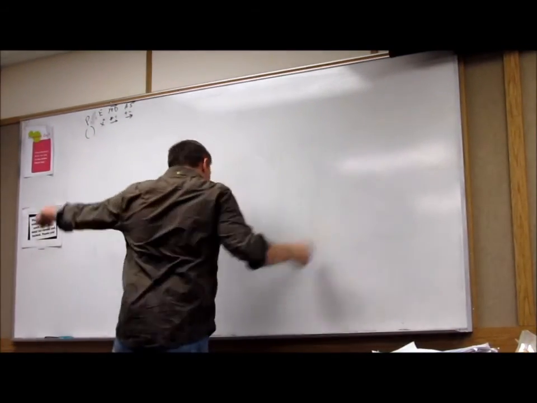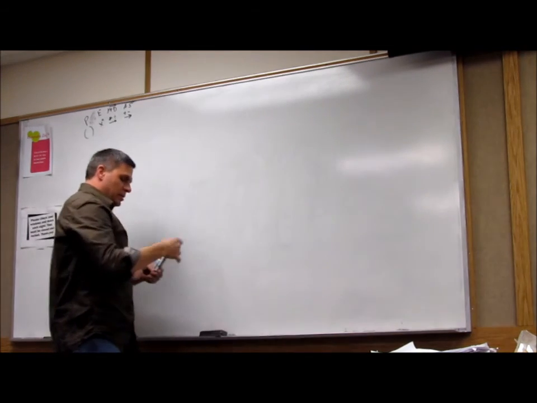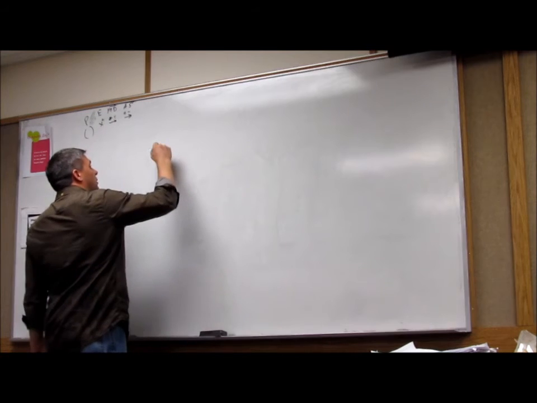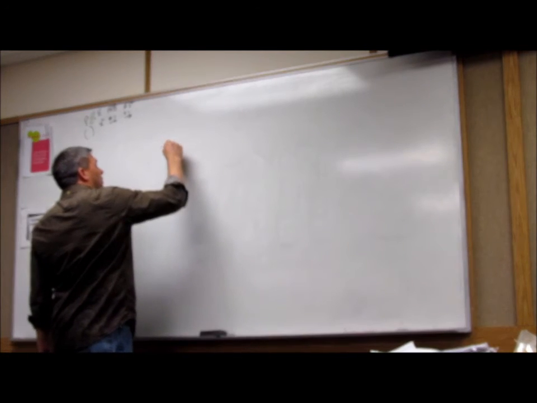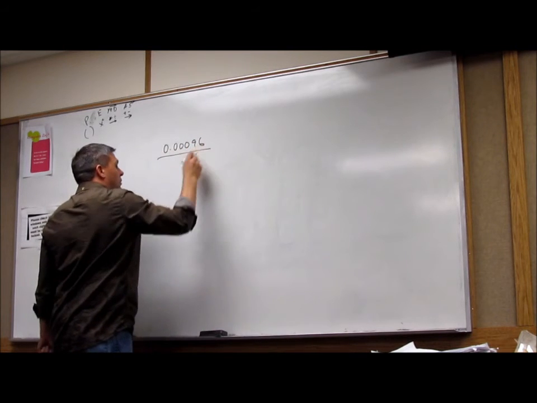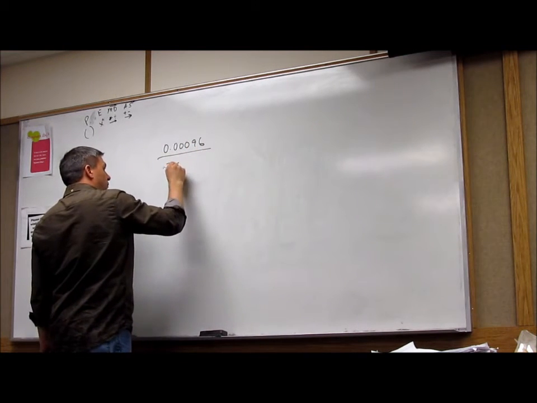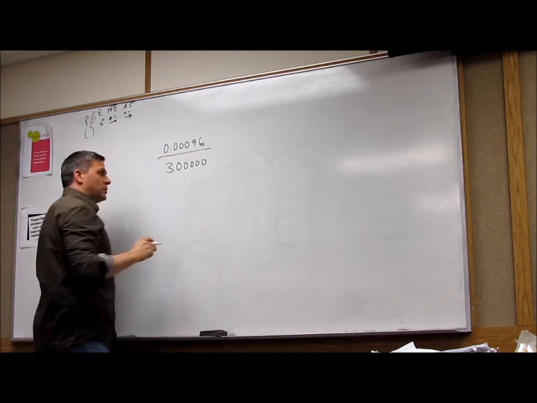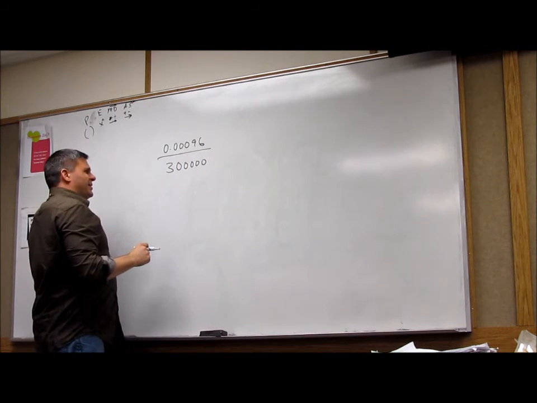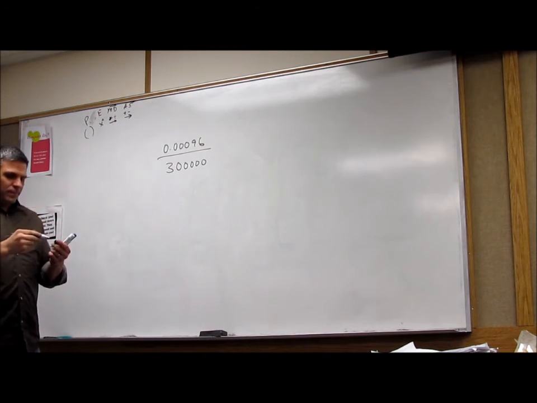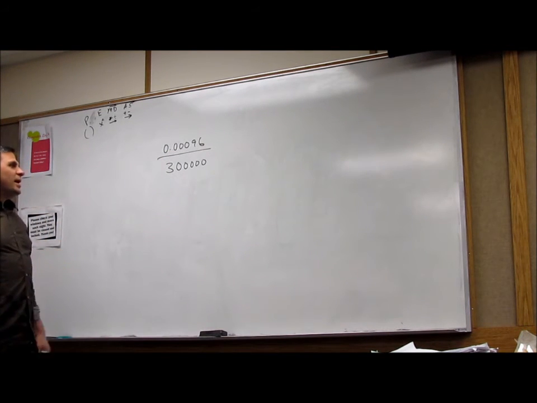And what's the last problem say? Oh. 0.00096 over 300000. Yes. Is that right? Yes. So 3 zeros after the point. Yep. Okay. So, here you go.